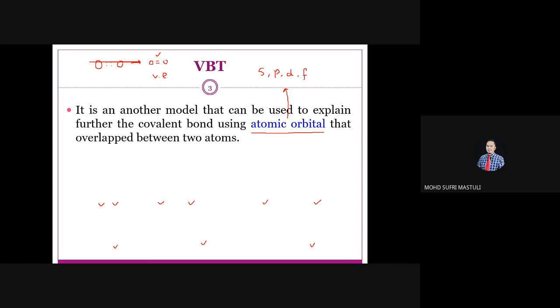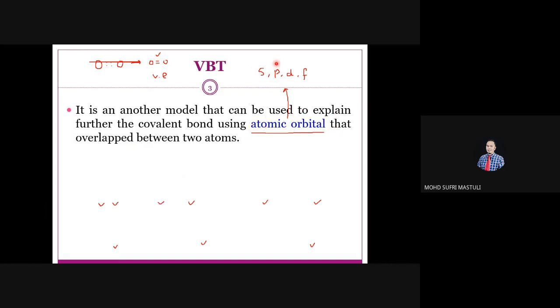So in the valence bond theory, we're going to use the atomic orbitals that overlap between the two atoms to show the formation of bonding. In the Lewis structure, we use the electrons. In the valence bond theory, the overlapping between two atoms we show using the atomic orbitals.